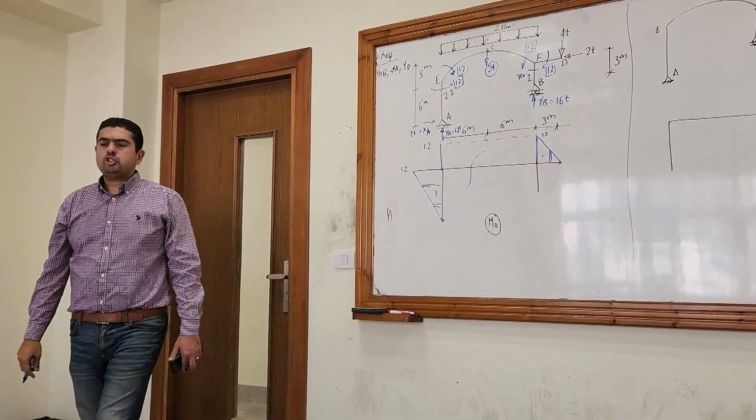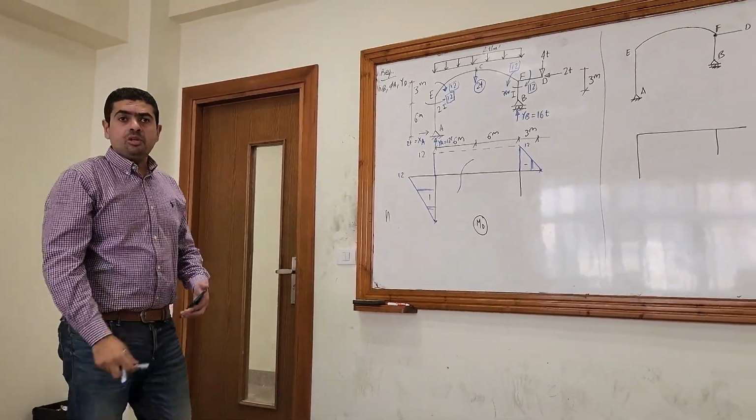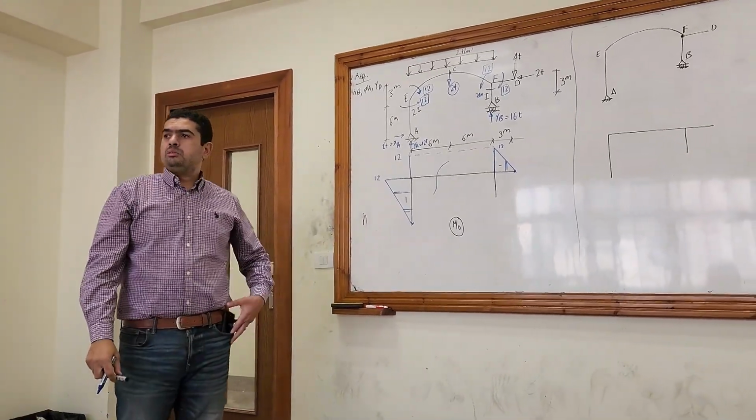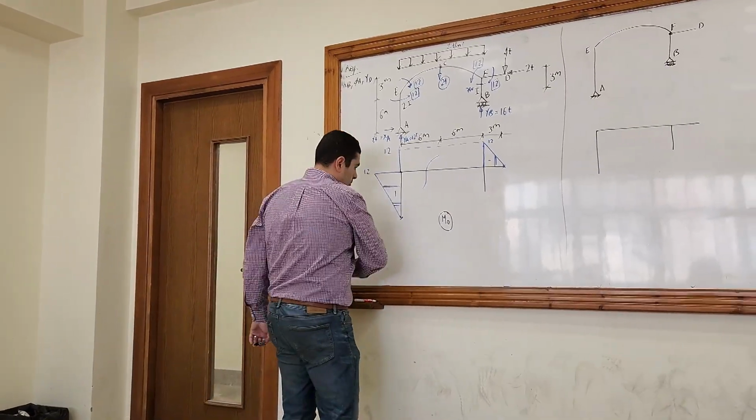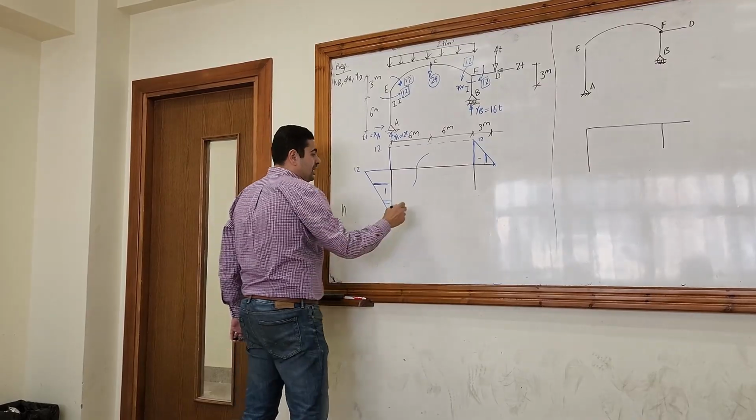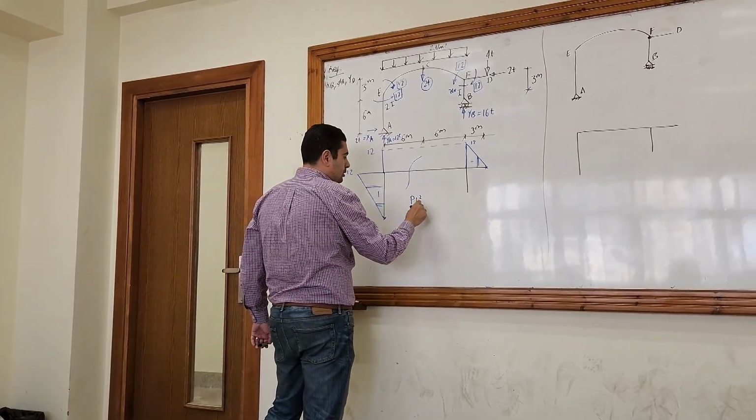No, it's not PL square over 8. There is a rule when it comes with an arch. The rule is PL square over 8, right?